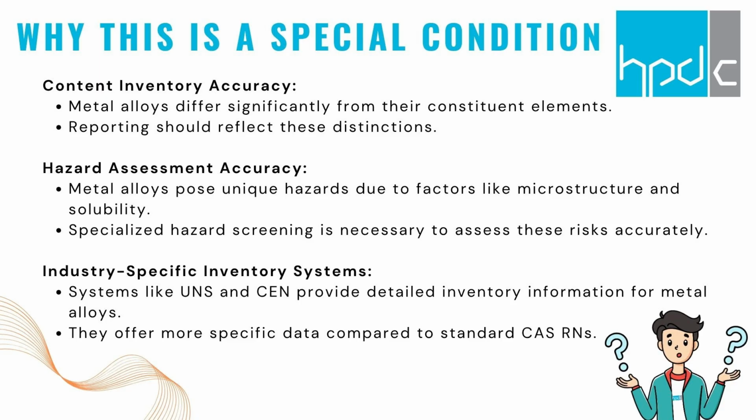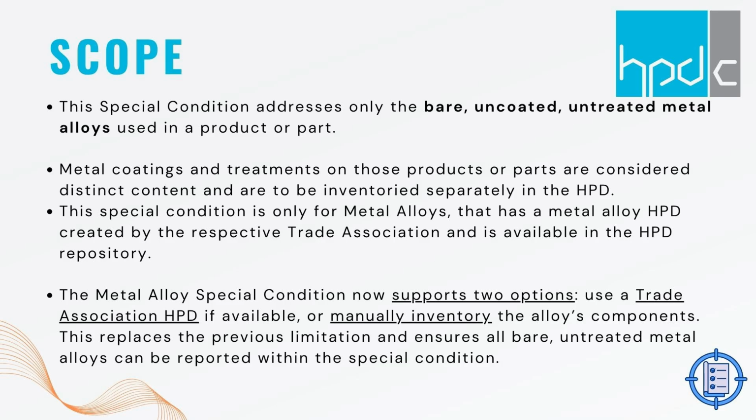Third, traditional chemical inventories based on CAS registry numbers may not fully describe an alloy. Industry systems like UNS or CN provide more accurate data, so for compliance and worker safety, we need precise reporting using specialized tools.